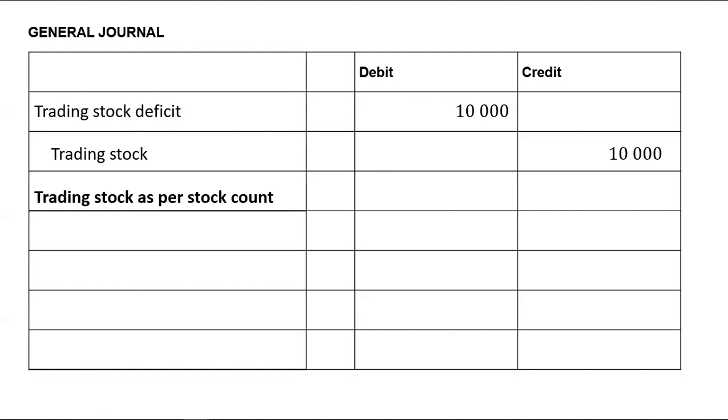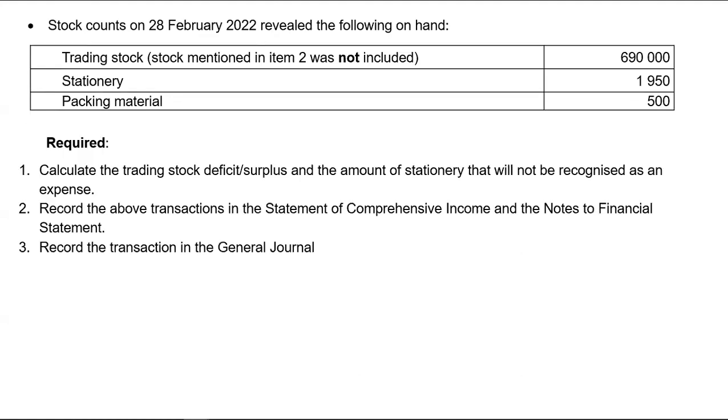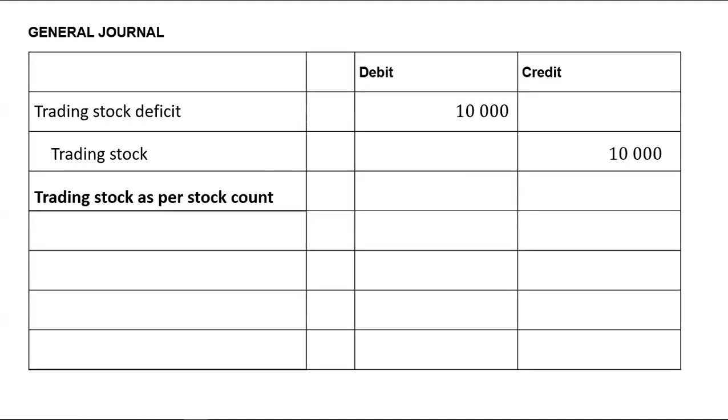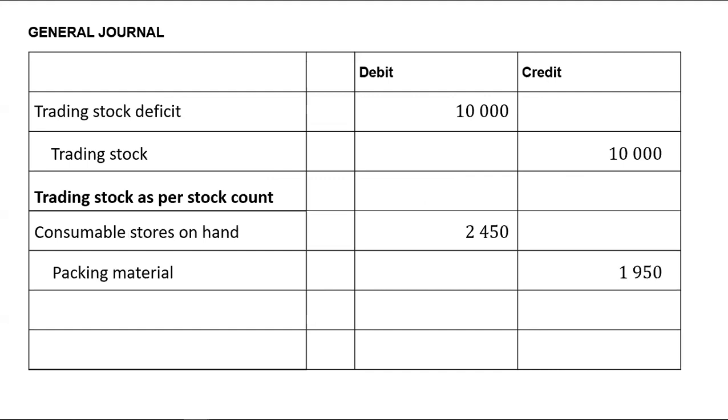Other things that were counted will be your stationery, which is 1,950, and packing material, that will be 500. So we are going to debit consumable stores on hand and then credit packing material by that 1,950, and then credit stationery by 500.